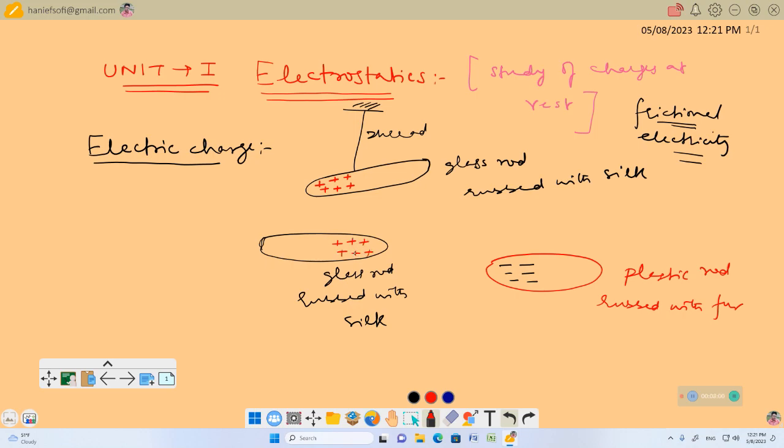So what will happen? These two glass rods will repel each other.